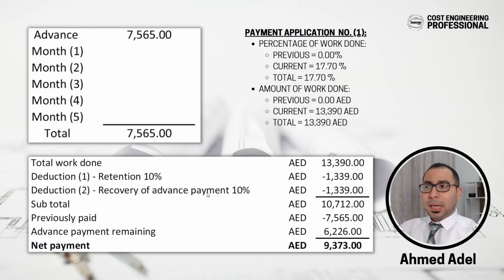So in each application, I'll deduct 10% from whatever total work done I have to remove the retention, and another 10% here to recover the advance payment.